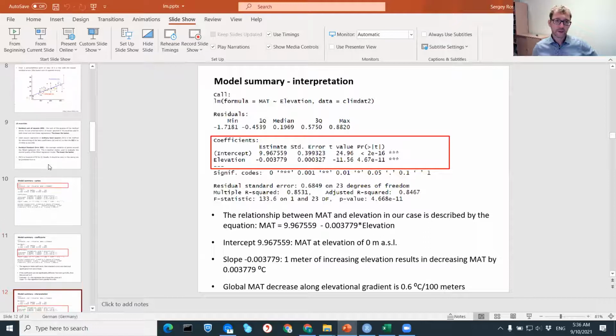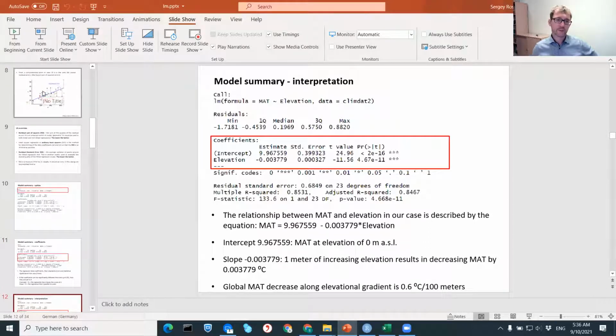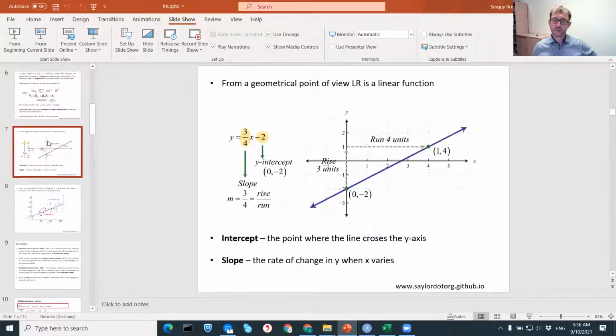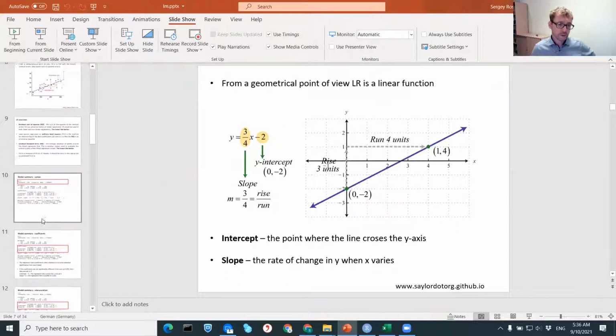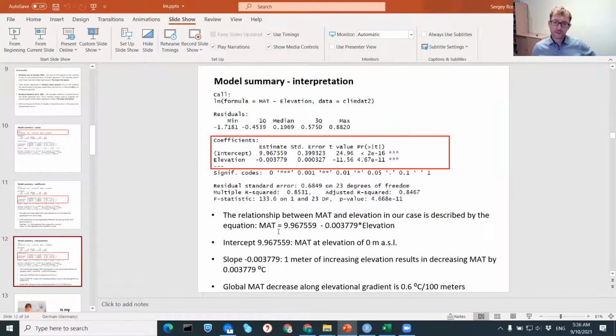And these are those two numbers, those estimates, two beta coefficients for this relationship, right? That means that in our particular system, based on our data we have at hand, the relationship between mean annual temperature and elevation can be explained by this equation.